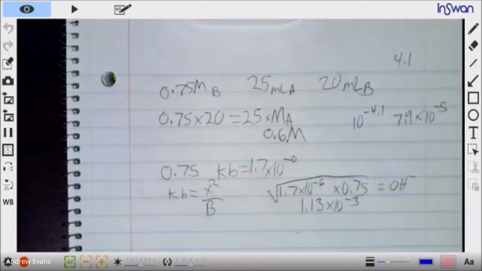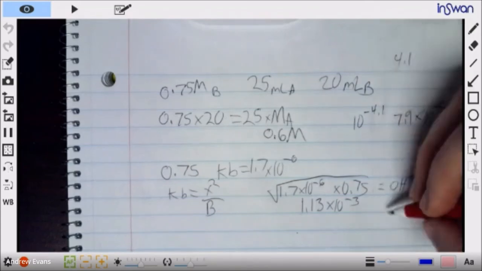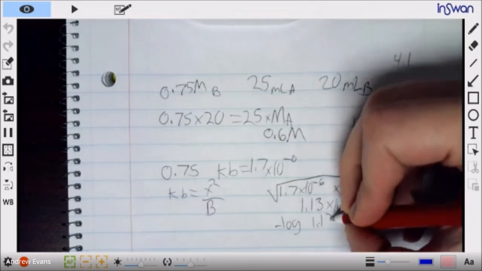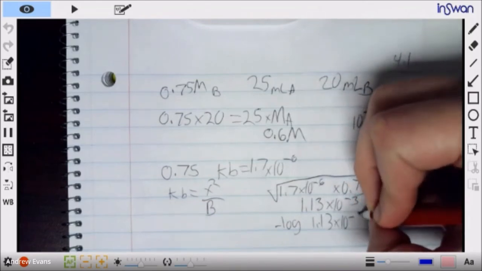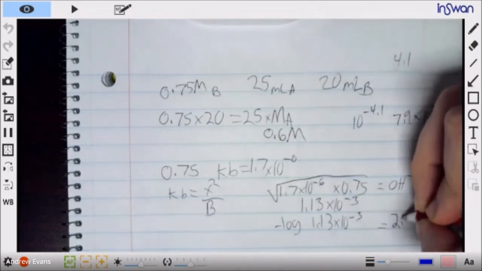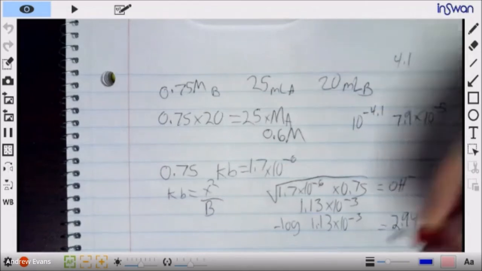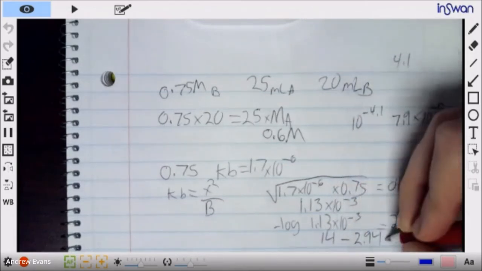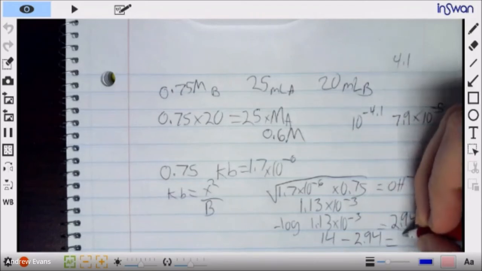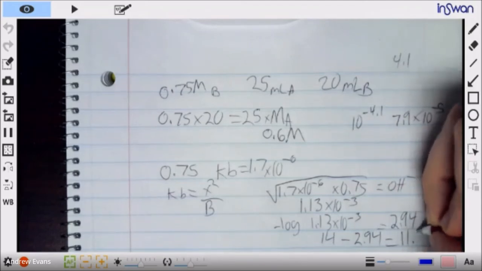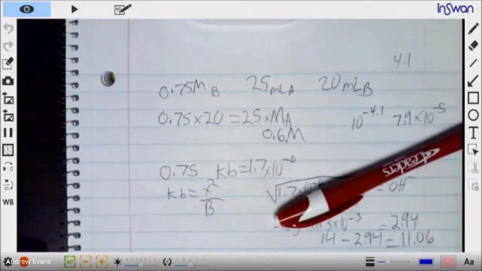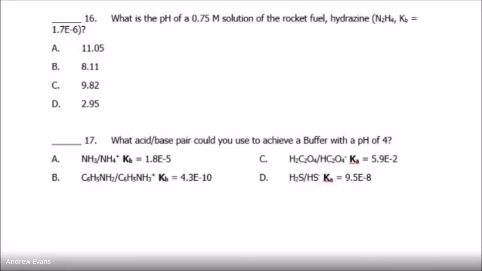Negative log of 1.13 times 10 to the negative 3 is going to be 2.94. So 14 minus 2.94 gives us 11.06, or 11.05 in this case.